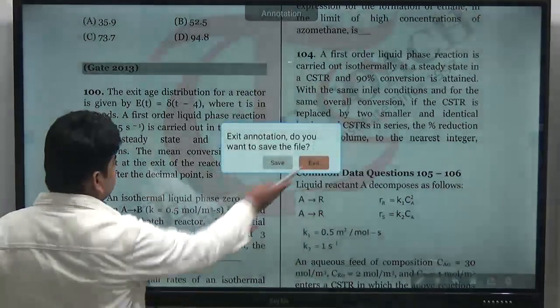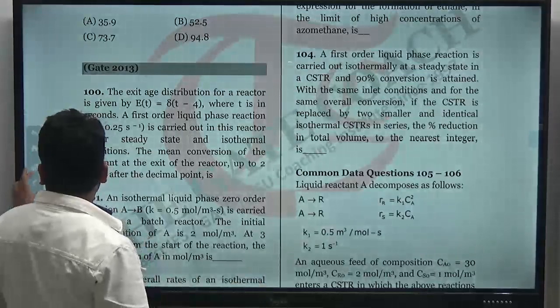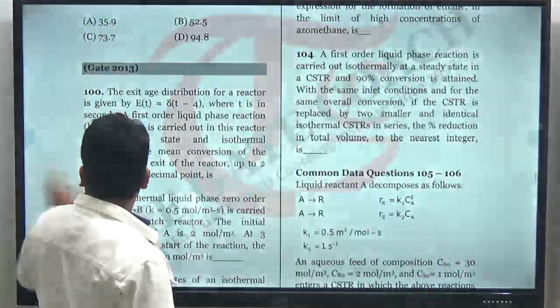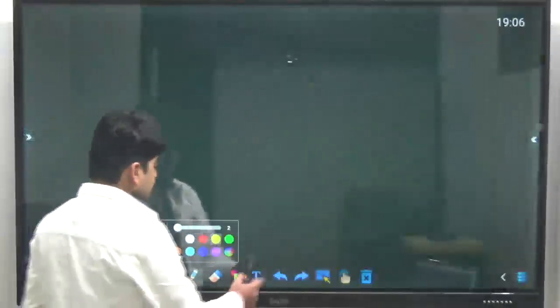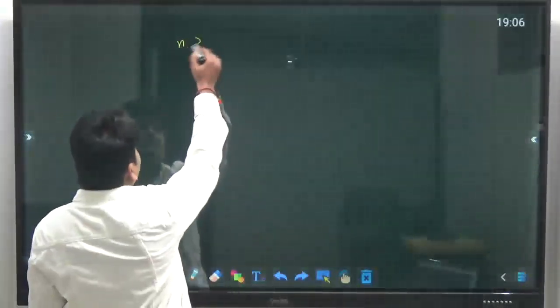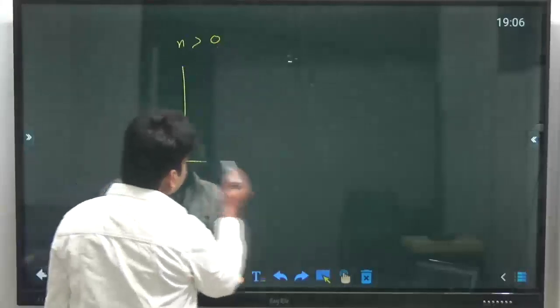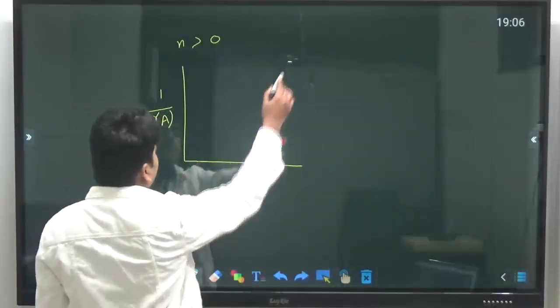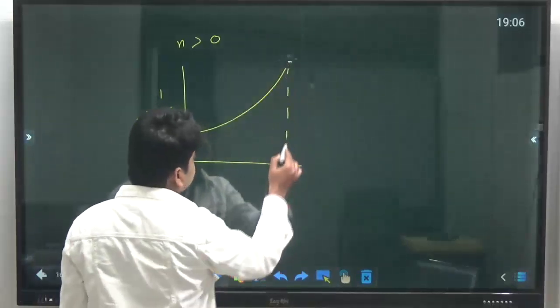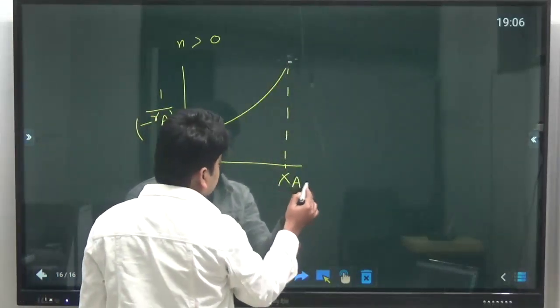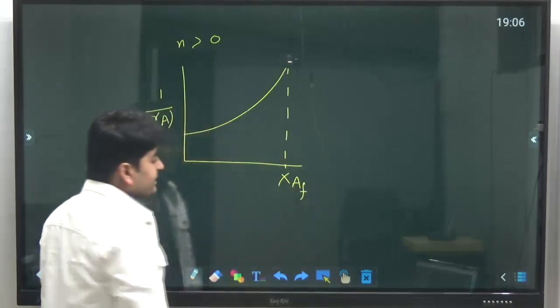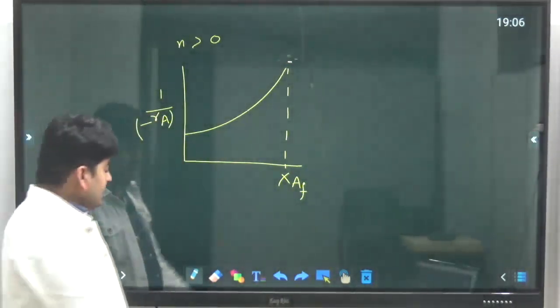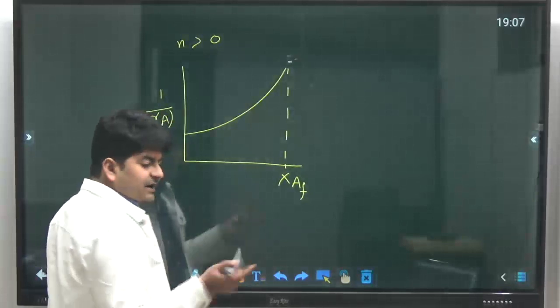Okay. So before we talk about this, let's discuss one simple point. For positive order reactions, if you see the performance curve, it is something like this. This is the final conversion which I want to obtain.